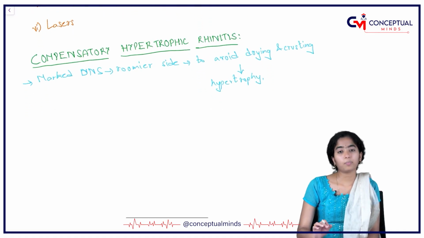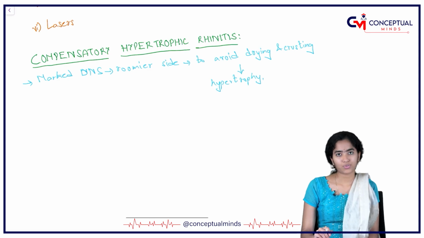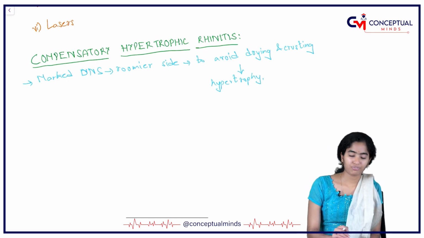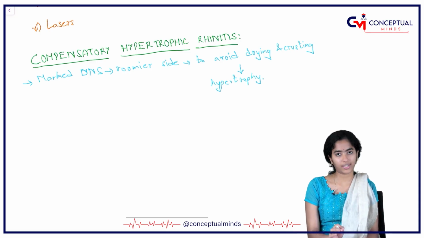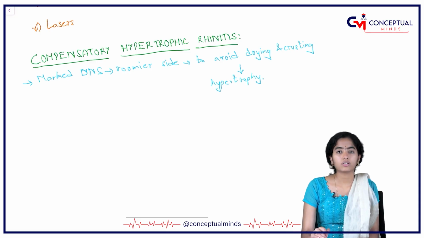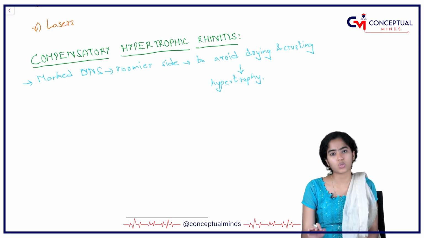Now, another point that has to be remembered in compensatory hypertrophic rhinitis is if we treat the cause, say deviated nasal septum, we have surgically corrected, that will not correct the hypertrophy automatically. When we are performing the surgery, we have to correct the hypertrophy also surgically.